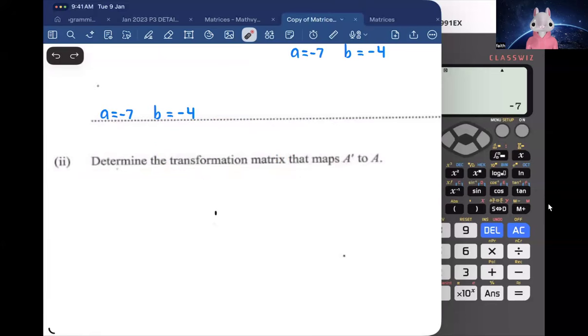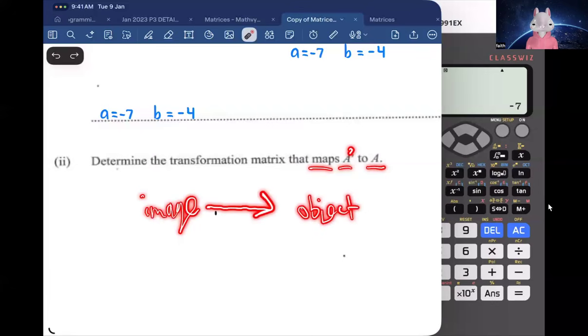And then they are saying it maps A prime to A. A prime is the image. Anytime you see A prime, B prime, C prime, D prime, anytime you see prime, it's the image.